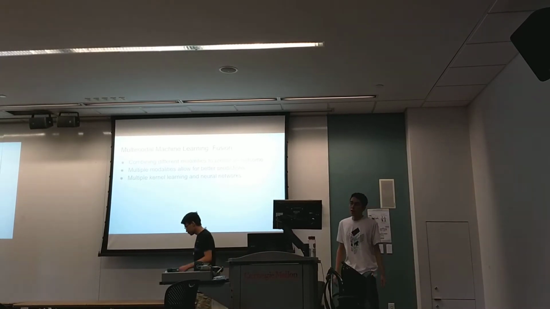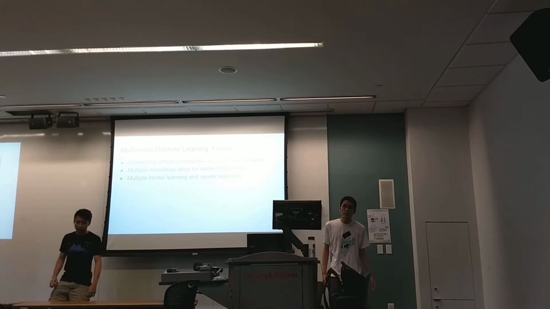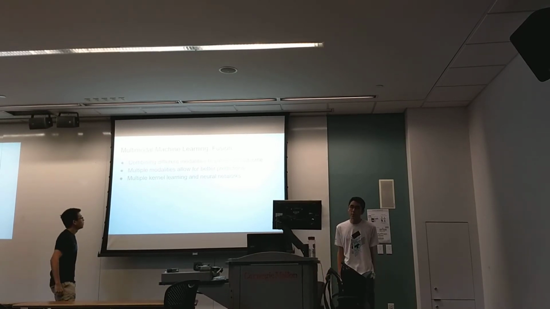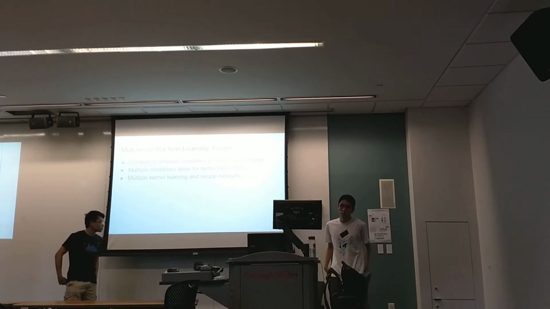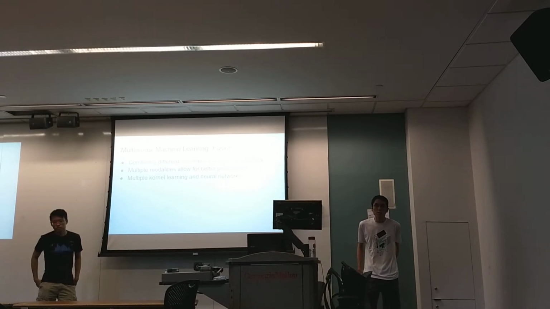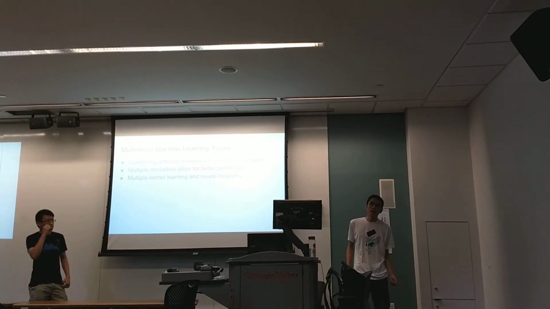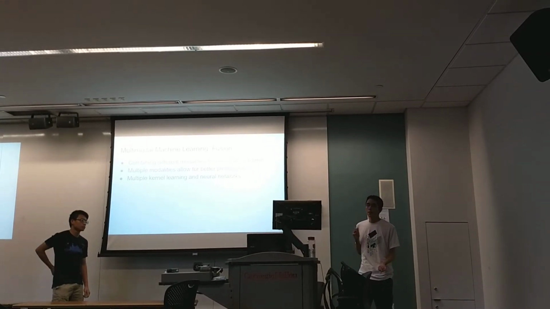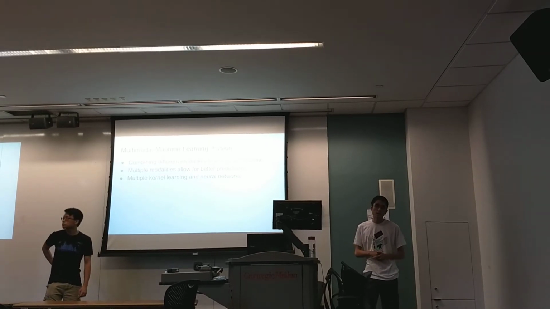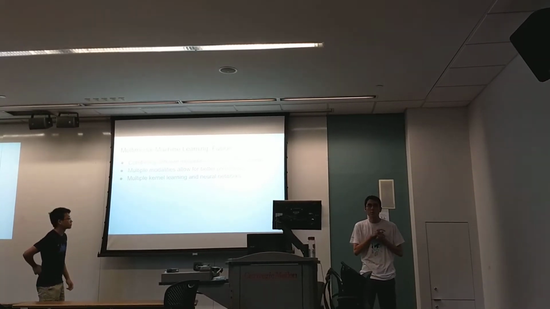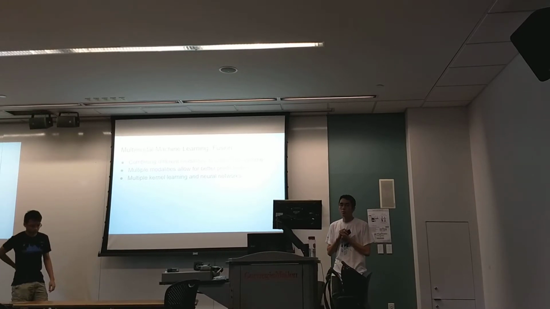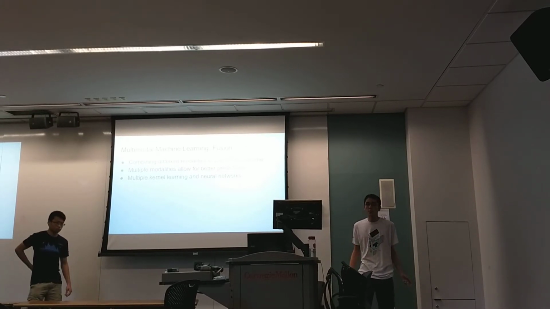Okay. So fusion is one of the most studied areas of multimodal machine learning. Fusion creates models that combine information from different modalities in order to predict some sort of measure, which could be human emotion, say.